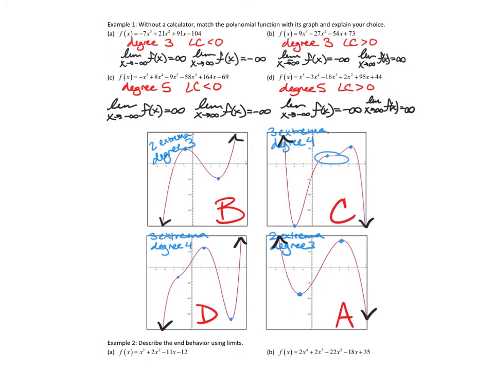Again, positive infinity and then negative infinity. That matches up with the end behavior. And this one has to be at least degree 3, and that's what A is, degree 3. So you're matching up not only the end behavior, but also that theorem that talks about the relationship between the degree and the number of extrema and the degree of the polynomial.